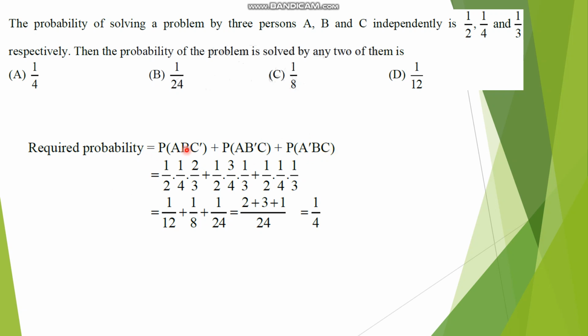So since they are independent, we can take it separately. Probability of A, B, C are given to be 1 by 2, 1 by 4, 1 by 3. If you want dash, what you have to do? P of C dash is 1 minus P of C. Similarly, apply same thing for all the 3 steps, and when you simplify it, the answer will be 1 by 4. It is option A.